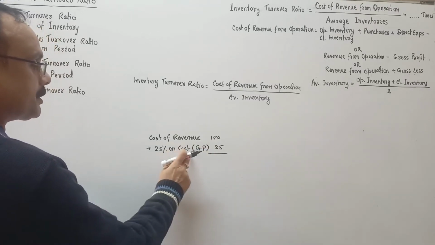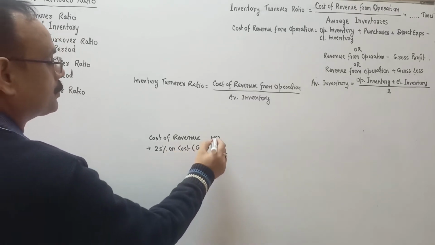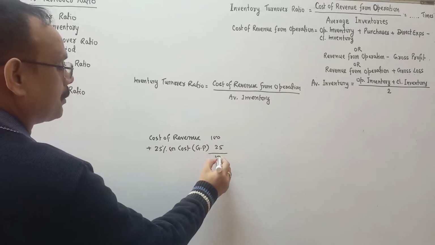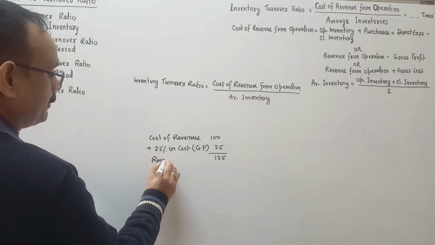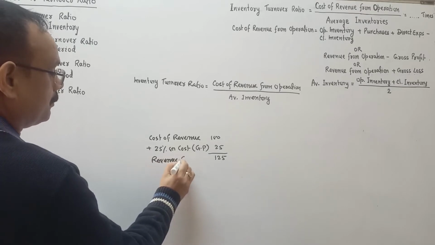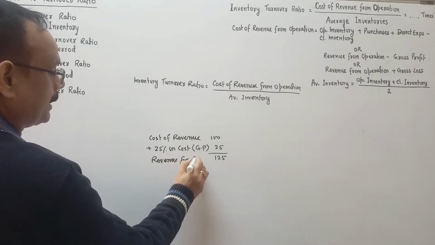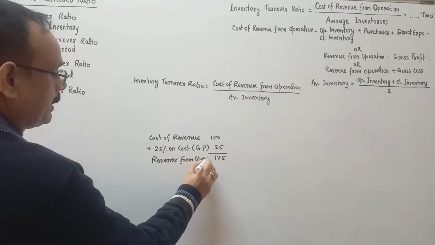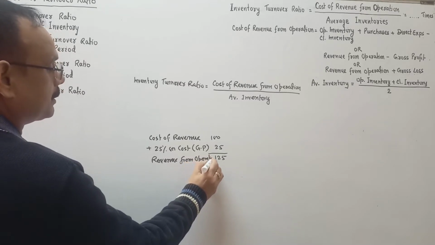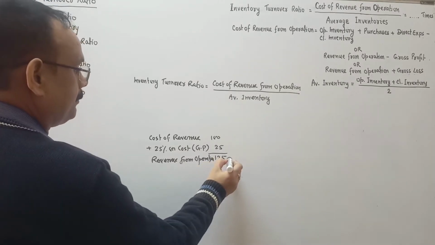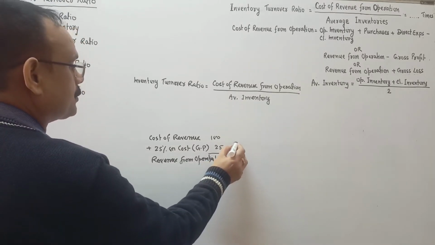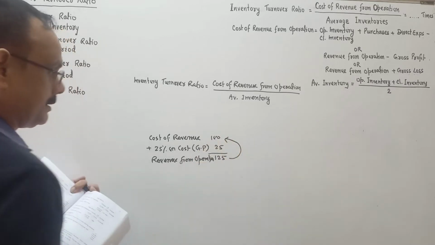Okay, 25% on cost is what? Gross profit. So cost of revenue plus gross profit indicates what? Revenue from operation. Okay, revenue from operation. So when the revenue from operation is 125, then cost of revenue is how much? 100 rupees.